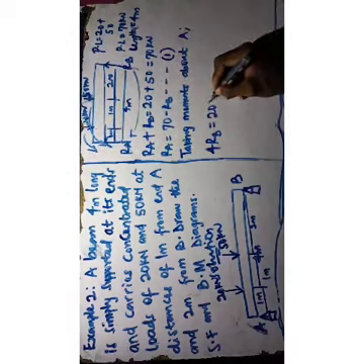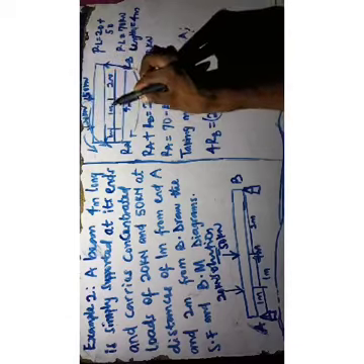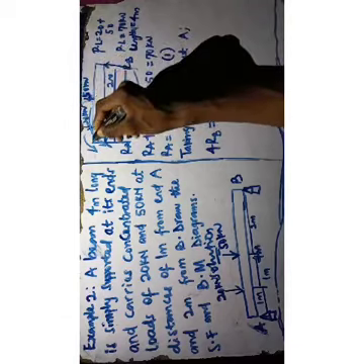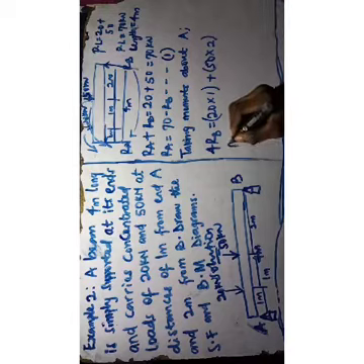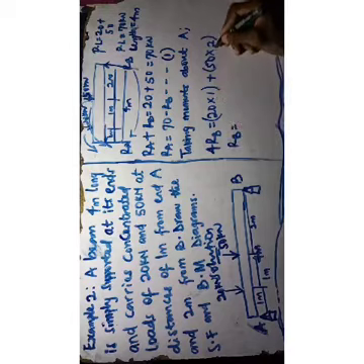That'll be 4 RB equal to 20 covering 1 meter, that'll be 20 times 1, plus 50 is covering 1 plus 1, 2. So that'll be 50 times 2. And that'll be 4 RB equals 20 plus 100. That is 120 divided by 4.